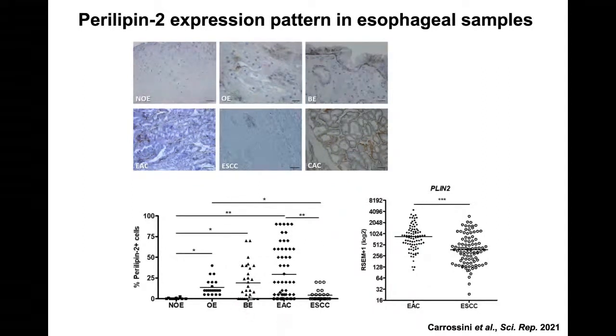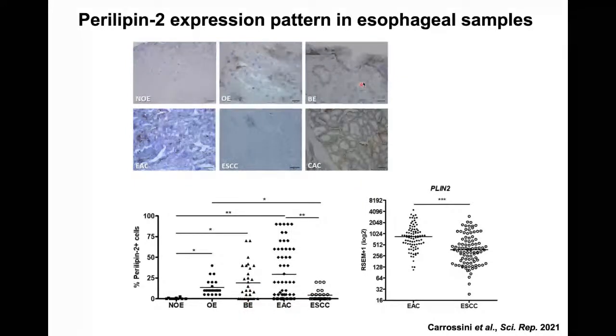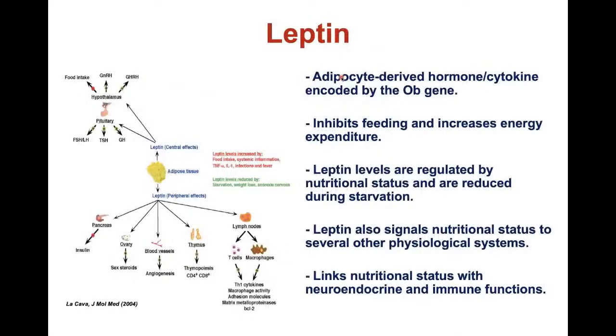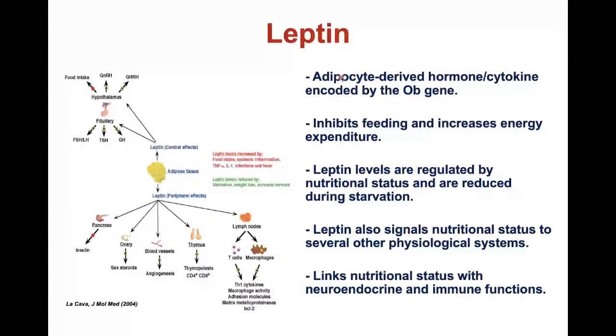Later, in both cancer and Barrett's samples, these two here, we can see a high number of lipid droplets in the epithelium, even before the cell transformation. This suggests to us that some signaling pathway is at work in this situation.